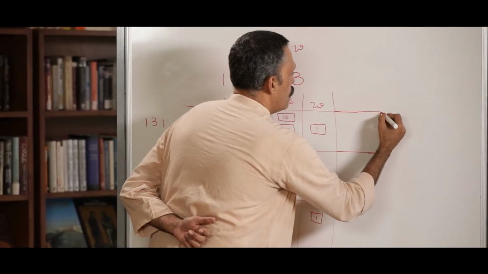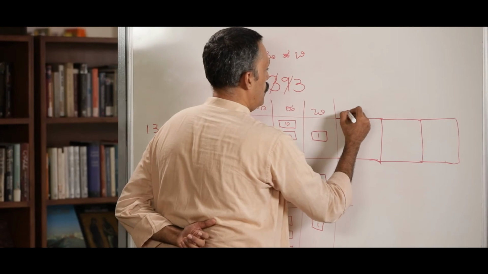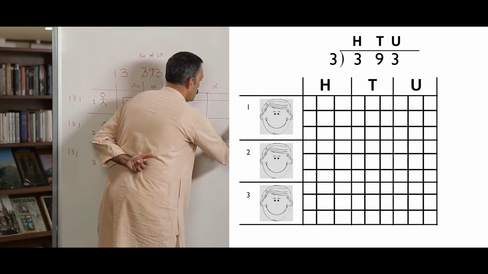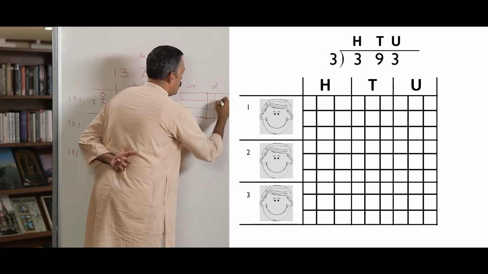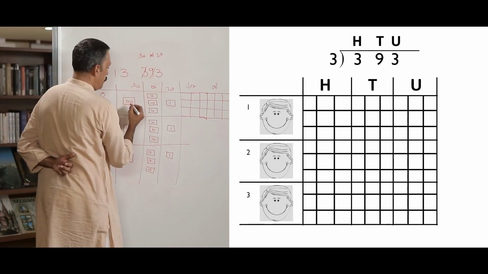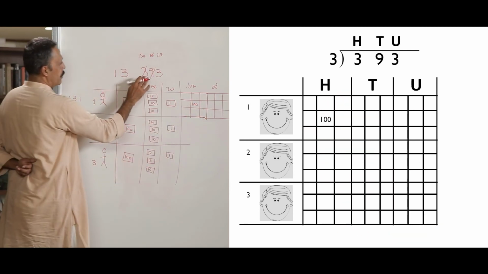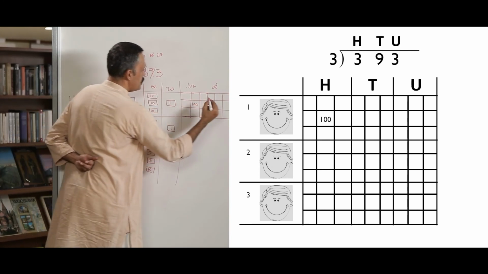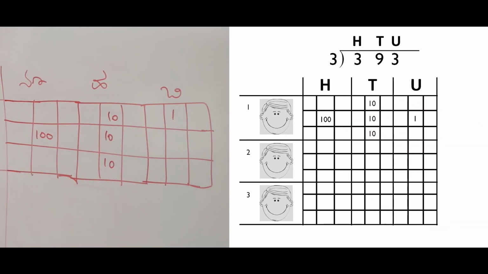This is 100, this is 10, this is unit. 9 squares in every house. In the hundreds place, how many rooms are full? Just one, since there is just 100. 3 squares in the place of 10, just one square in the units.